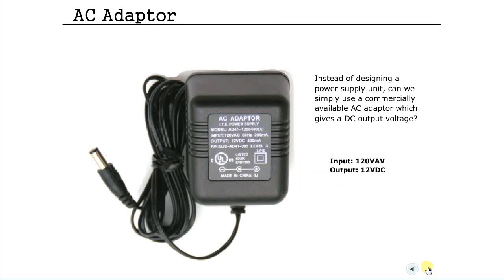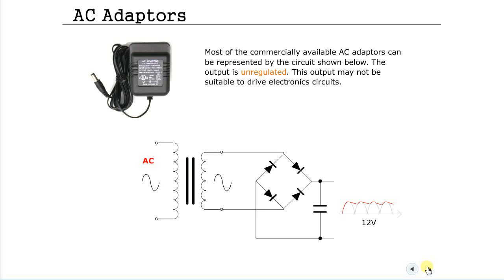Instead of designing the power supply unit, can we simply use a commercially available AC adapter which gives DC output voltage? Most of the commercially available AC adapters can be represented by the circuit shown below. The output is unregulated. This output may not be suitable to drive electronic circuits.